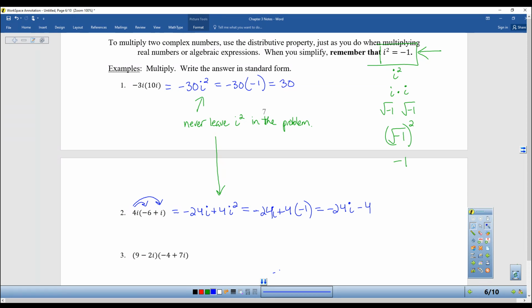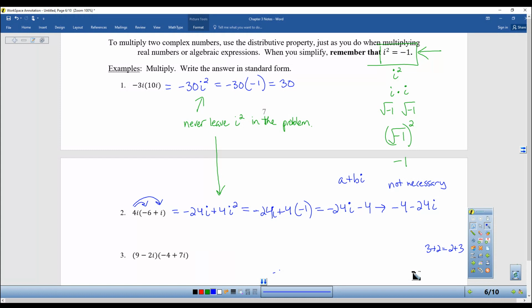So most algebra books, math books in general, like to put complex numbers in the form a plus bi. So you're going to see them rewrite it as negative 4 minus 24i. That is not necessary for me. It's commutative, which means 3 plus 2 is the same as 2 plus 3.